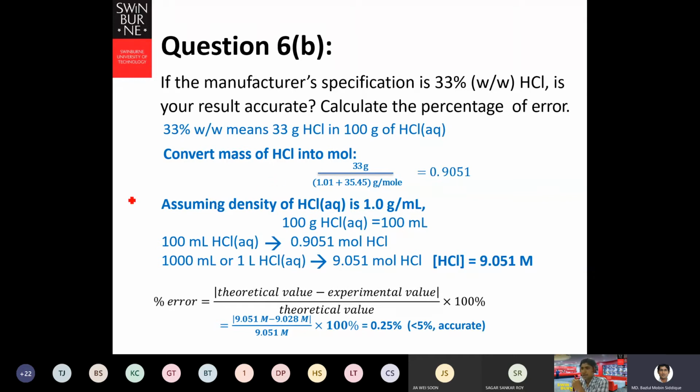So that is the number of moles we have. This is done. And since we have to find the gram per liter, the density of HCl we consider to be 1 gram per milliliter, simple like water.